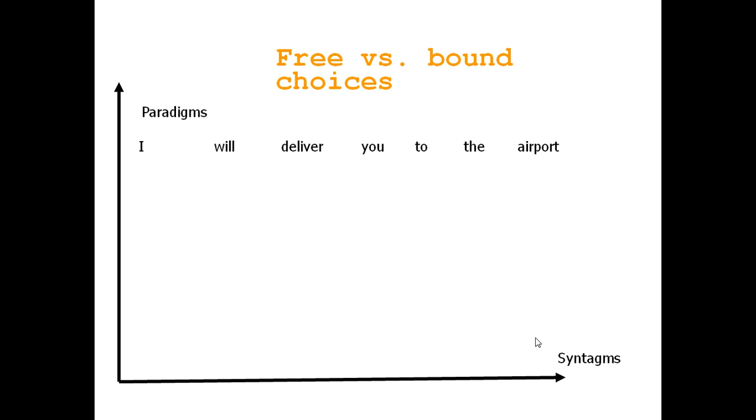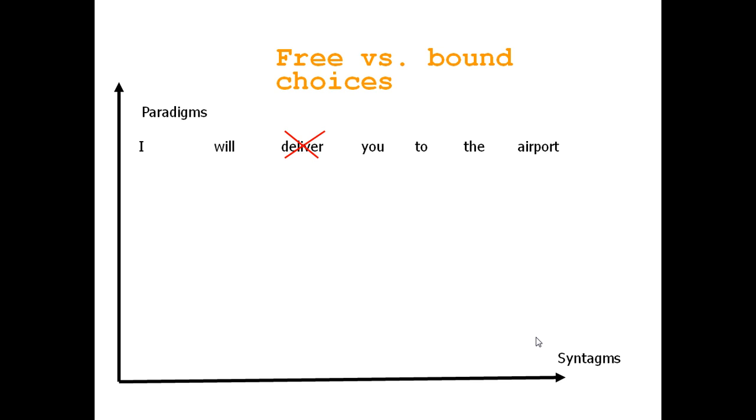But if we look at this from the point of view of combination, there's something that doesn't sound quite right. Can you identify it? This. Now, this is a matter of collocation. It's a problem that's related to the context.